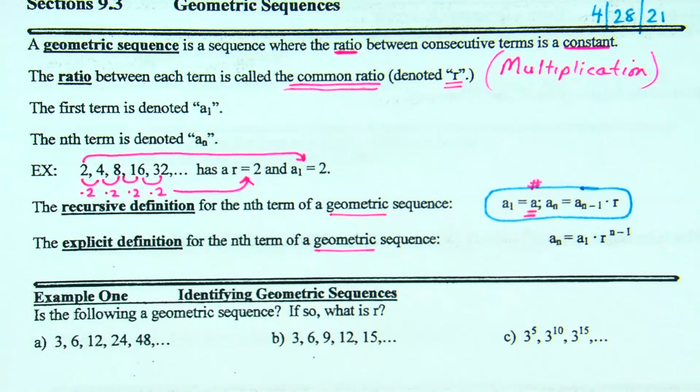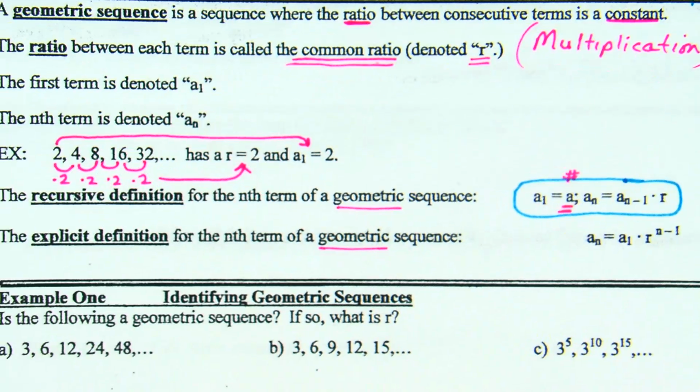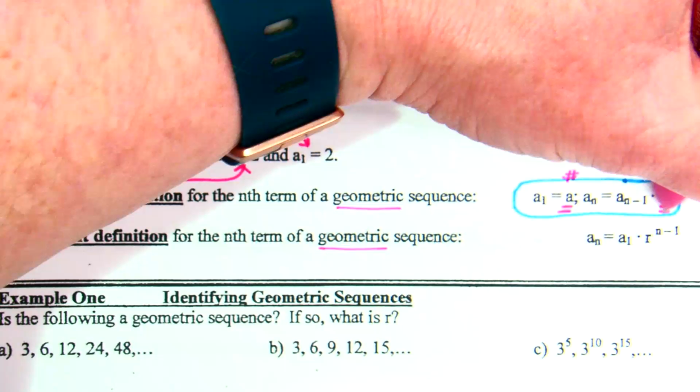A of 1 equals A, which if you recall from yesterday, basically we just say A of 1 equals some number, right? Your first number. And then the other thing you have to be able to fill in is R. So for our actual definition, A of n equals A of n minus 1 times R.